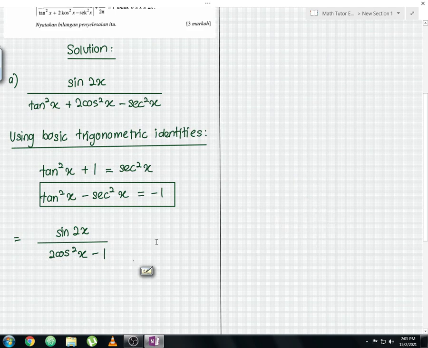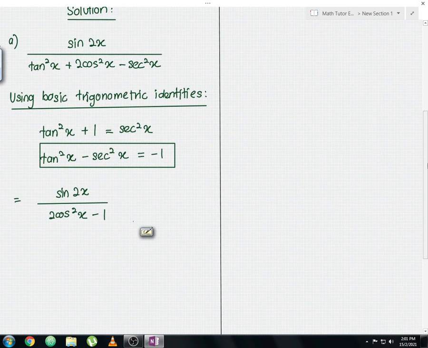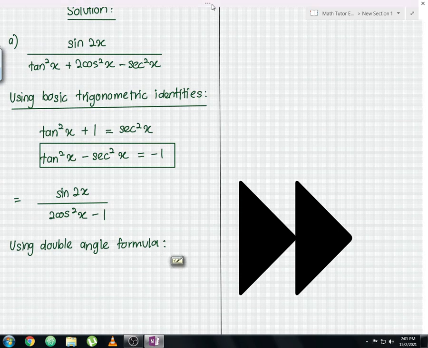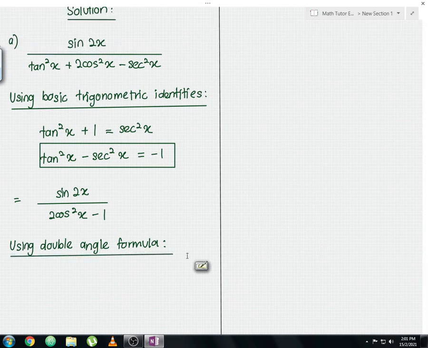For the next step, we're going to simplify this 2 cos square x minus 1.